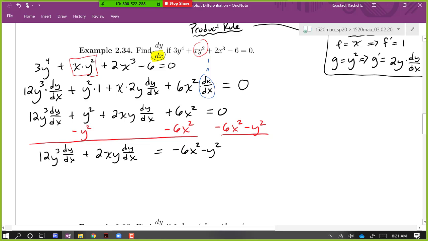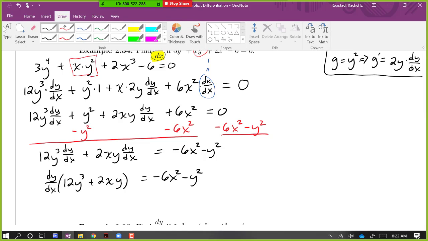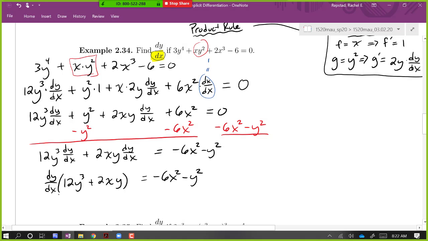Now everything on the left side has a dy dx, so our next move is to factor it out. After we've factored it out, really the only thing left to do is to divide by the stuff in the parentheses.